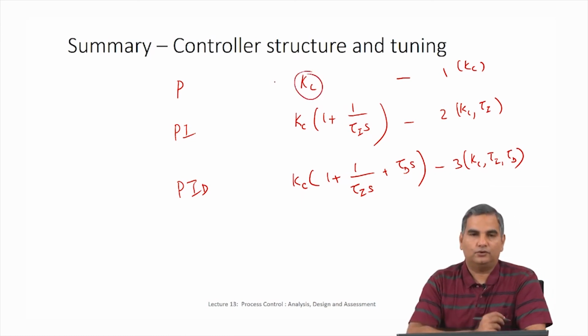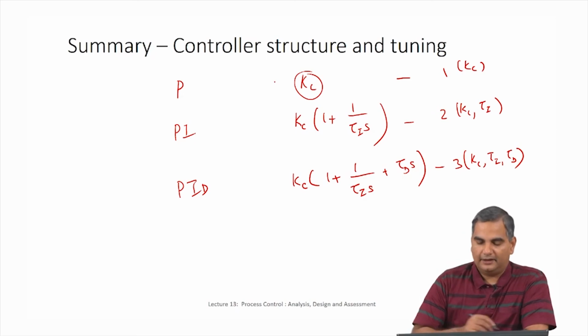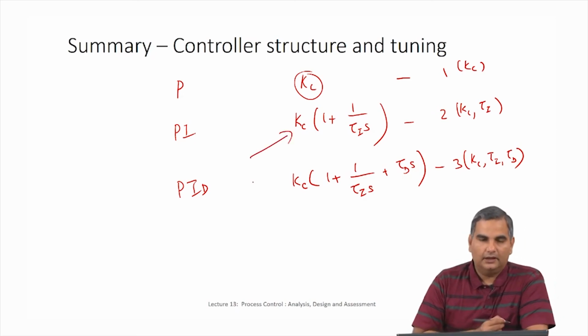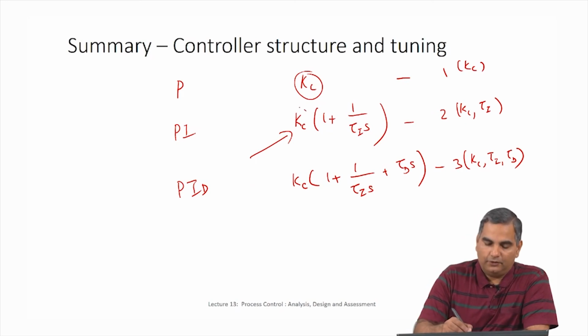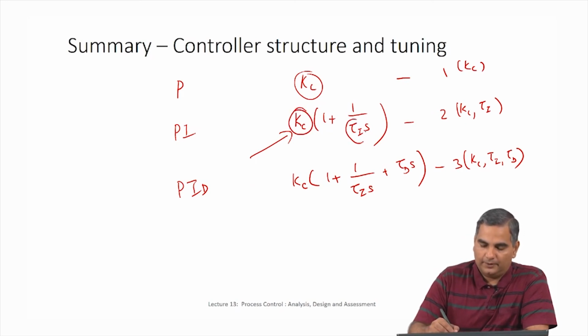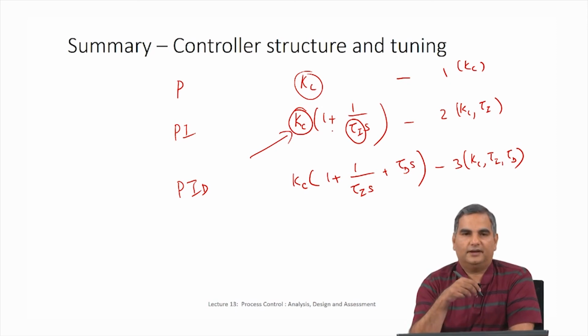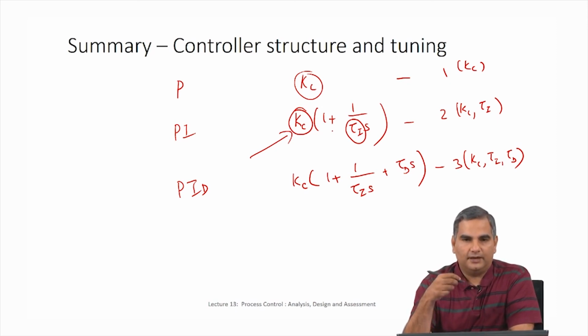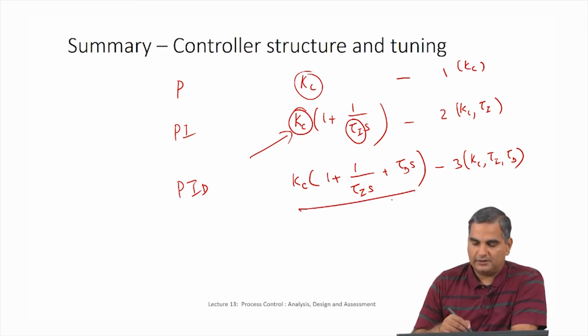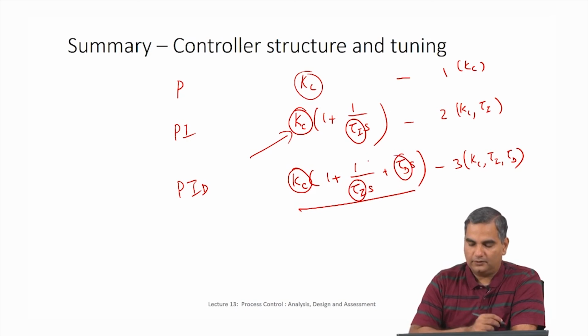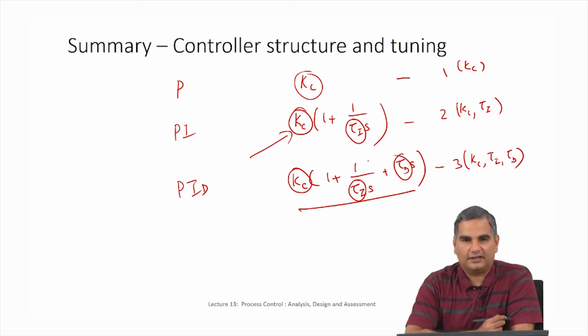Supposing I say I am going to choose a control structure PI, then that means the controller form is this, and later when I say I am going to tune this PI controller, basically I am going to find values for Kc and tau I. Similarly, if I said I am going to choose a control structure which is PID, then this is the controller equation, and when I say I am going to tune this controller, I am going to choose values for Kc, tau I and tau d. So, that is what controller structure and tuning means.